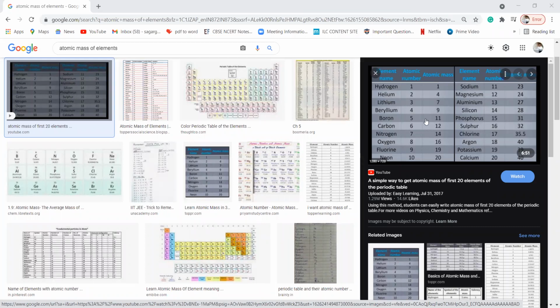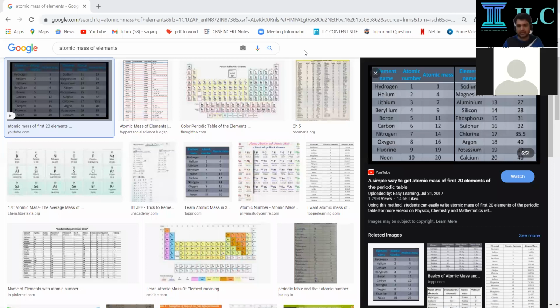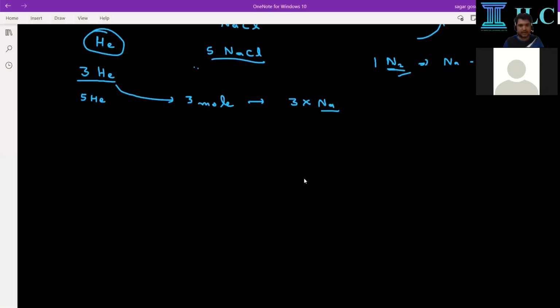Okay. So now I am moving towards the mole concept, which is a very important concept. So let's start with the same. You have learned all the masses because these are the essential ones. Now let's come to the topic.